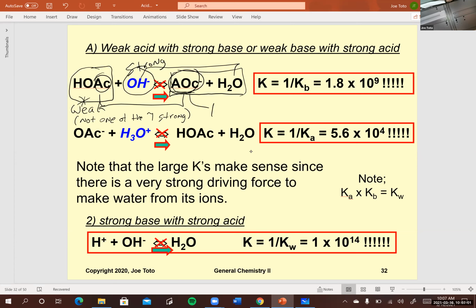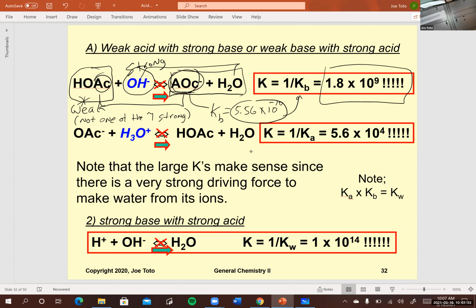Then I can calculate the Kb using the Kw, and that comes out to something really small. When I divide that number into 1, I get a billion. So the equilibrium constant for that reaction is a billion.